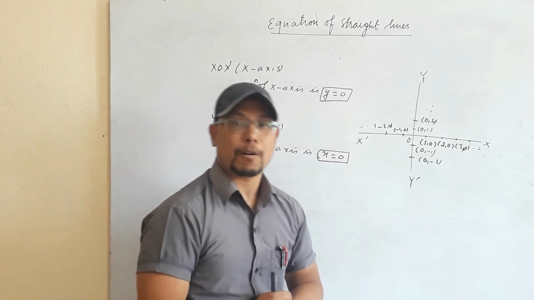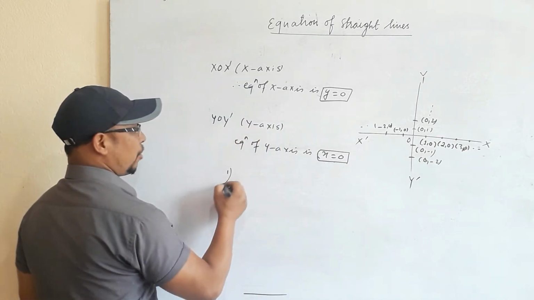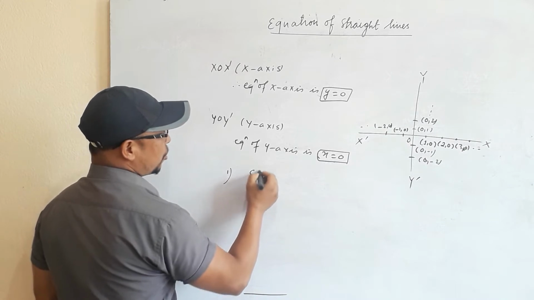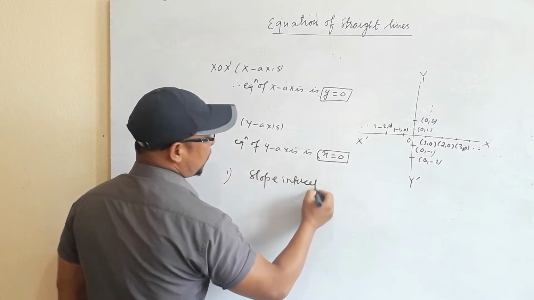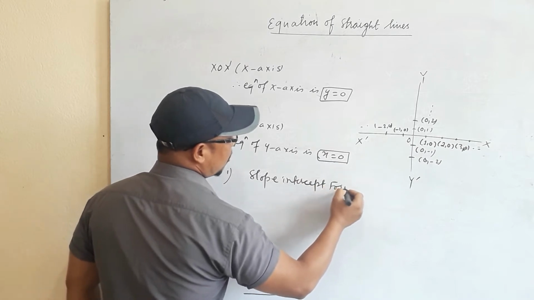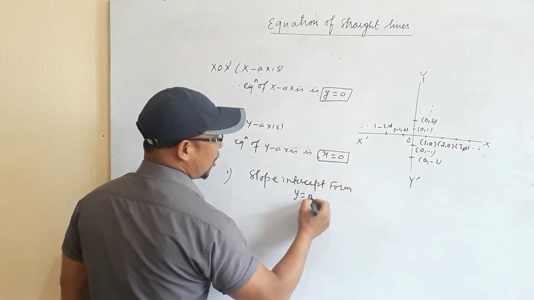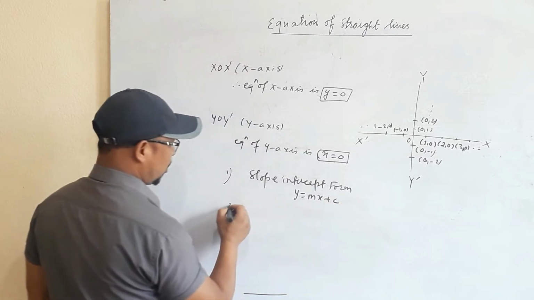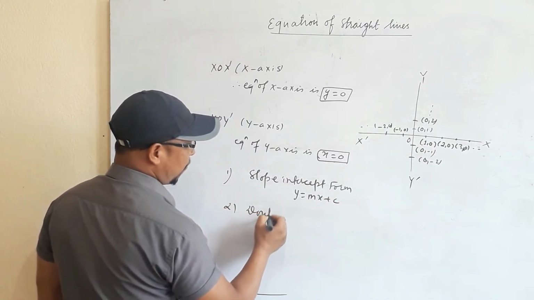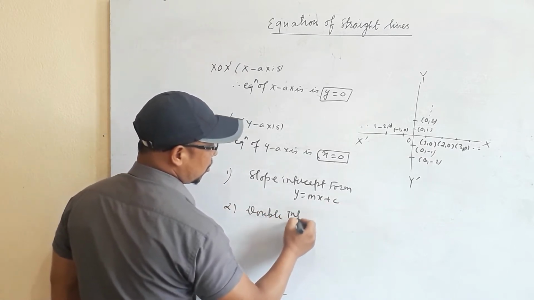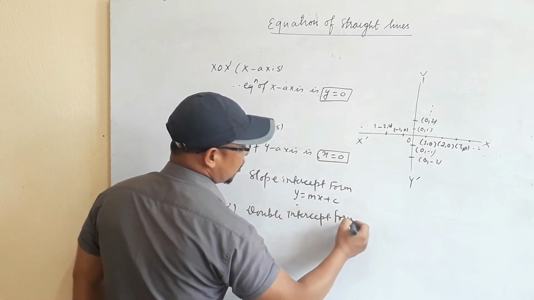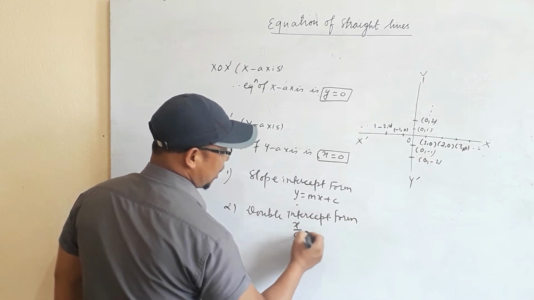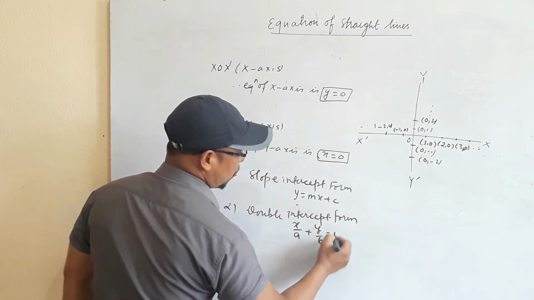The three standard forms of equation of straight lines are: number one, the slope intercept form, which is y equals mx plus c. Second is the double intercept form, and in the double intercept form we know this is x by a plus y by b equals 1.